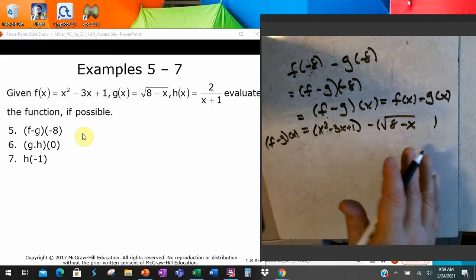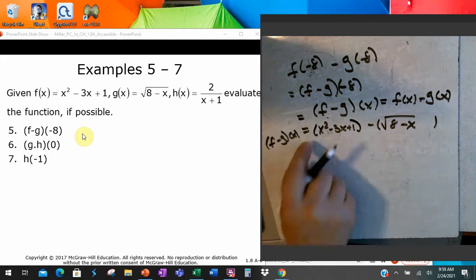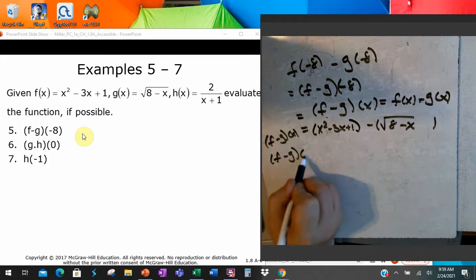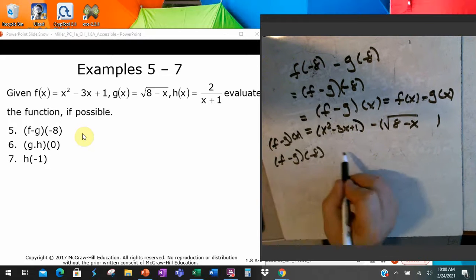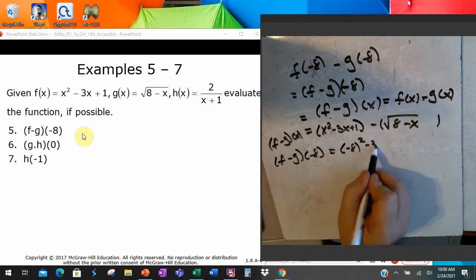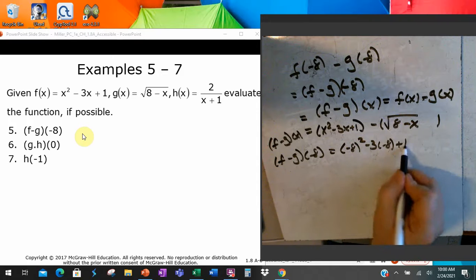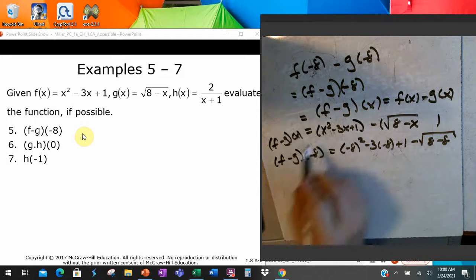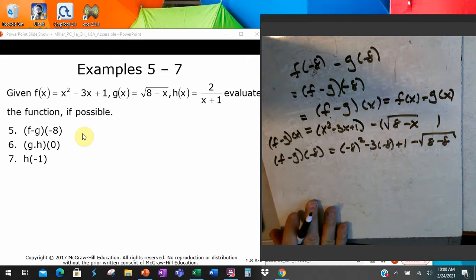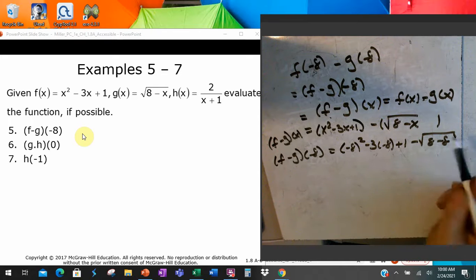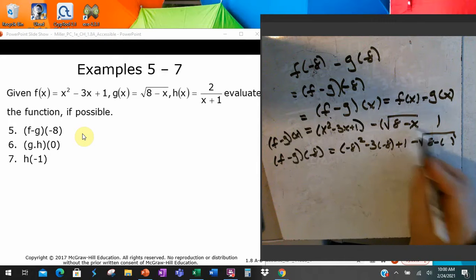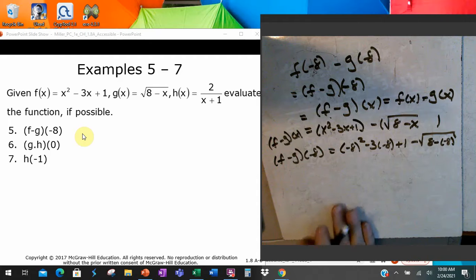Give me the x that you want to evaluate it at. If I have several different values, I just plug them in. The particular one they're asking for is to evaluate this at negative 8. Everywhere I saw an x, I replace it with negative 8. I have to be careful here: minus the parentheses, and that's a negative 8.